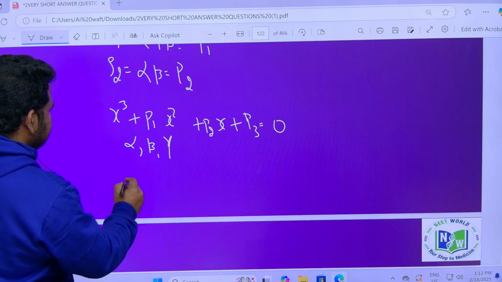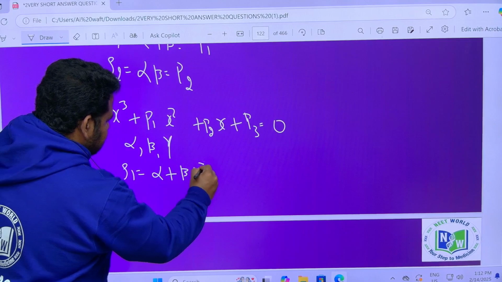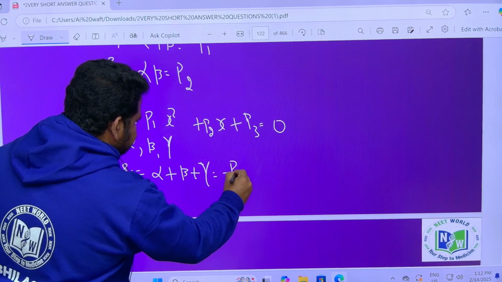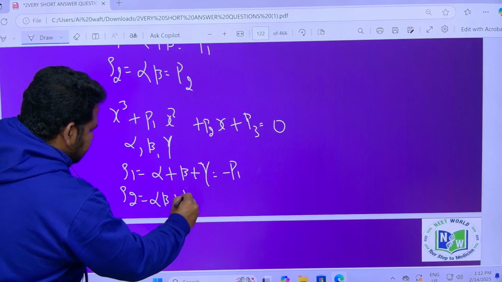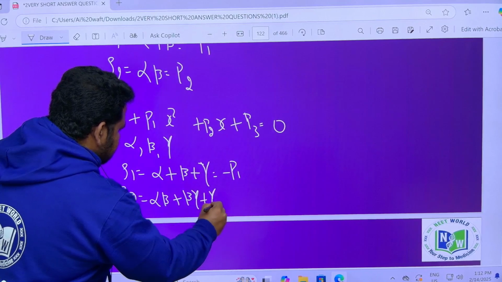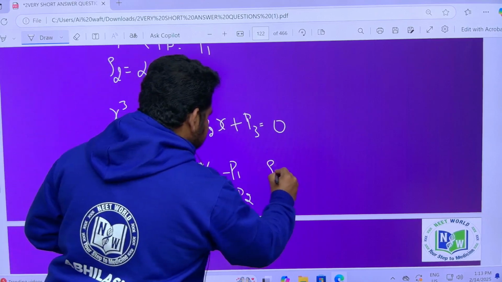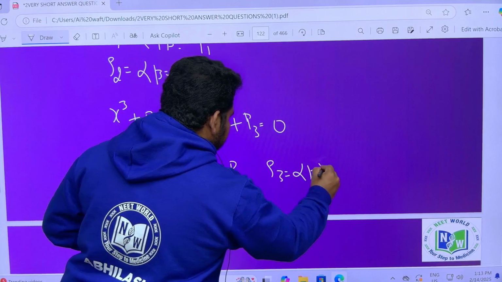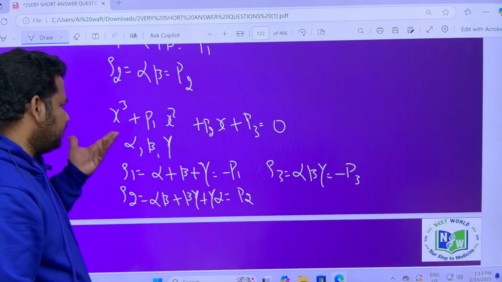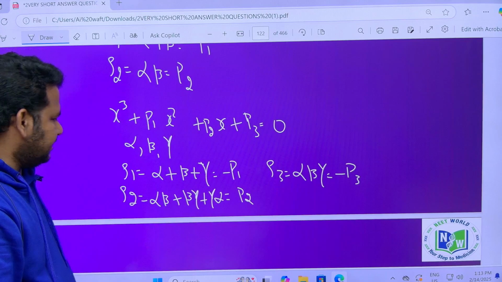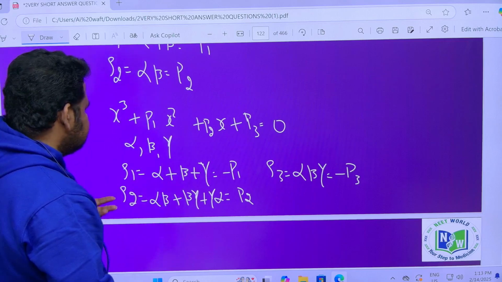Here S1 will be equal to alpha plus beta plus gamma, which will be equal to minus p1. S2 is alpha beta, beta gamma, gamma alpha, which will be equal to p2, and the product of the roots, that is S3, alpha beta gamma, will be equal to minus p3. Similarly, you can find for biquadratic and other equations having higher powers.